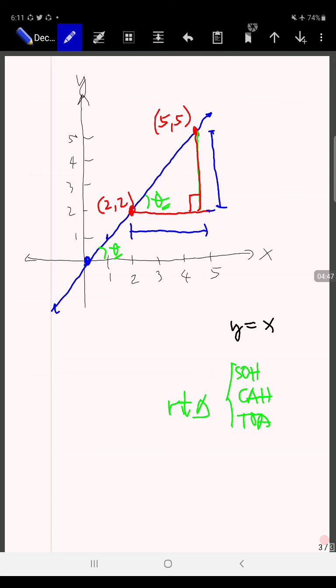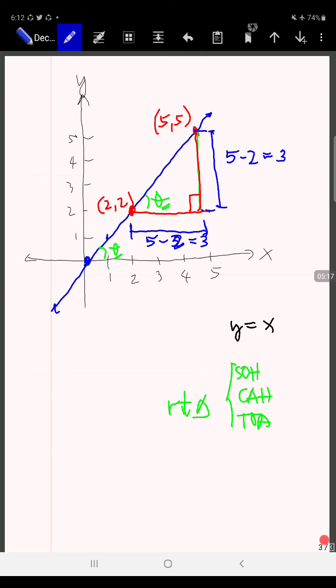Because for the vertical leg, since this is 5 and this is 2, we will just subtract 5 minus 2, which is equal to 3. It's the same with the horizontal leg. Since this is 5 and this is 2, this side can be computed by subtracting 5 minus 2, which is equal to 3.